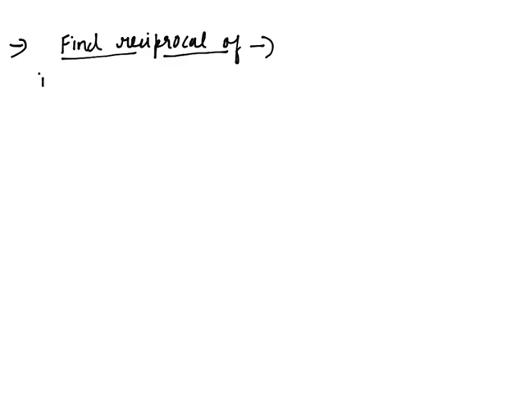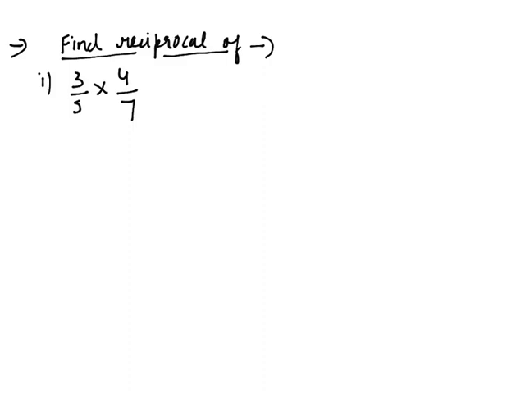Now let's take some examples based upon the concepts that we learned today. First of all, we have to find the reciprocal. We already learned how to find the product of two rational numbers. So we are starting with finding the reciprocal. We have to find the reciprocal of, in the first case, 3 by 5 times 4 by 7.